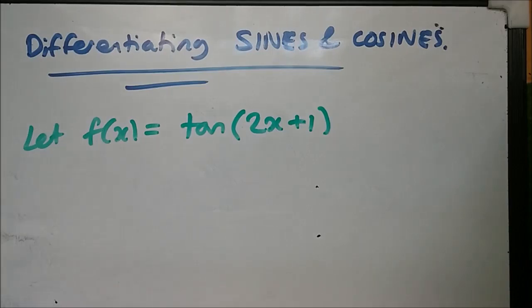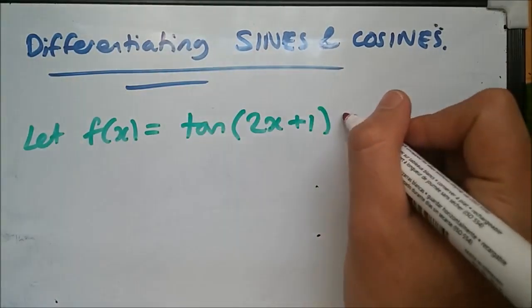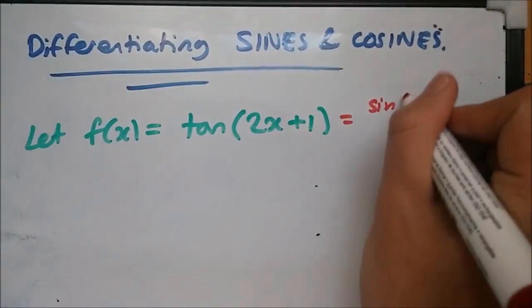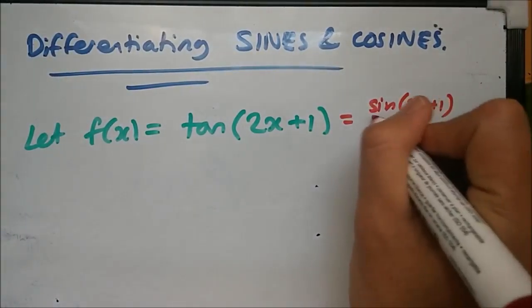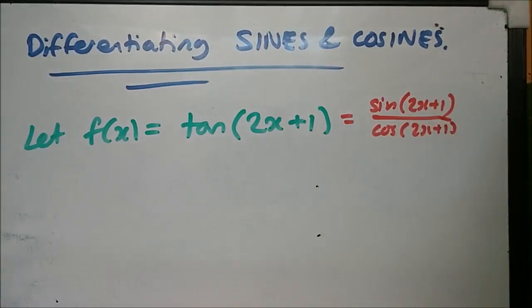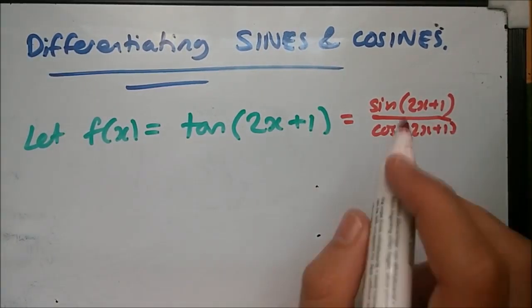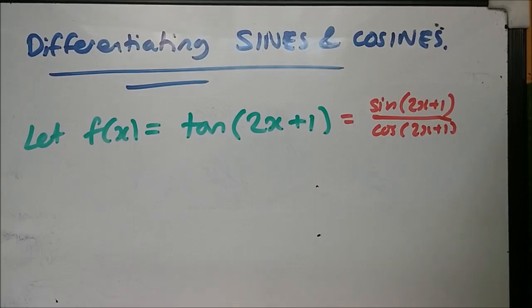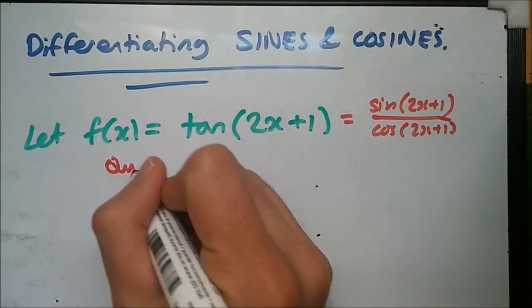Well, first things first, we convert this to sine and cos. So now we convert this to sine of 2x plus 1 over cos of 2x plus 1. Now notice that to differentiate this we use a method which we've seen before, called the quotient rule. Do you remember the quotient rule?